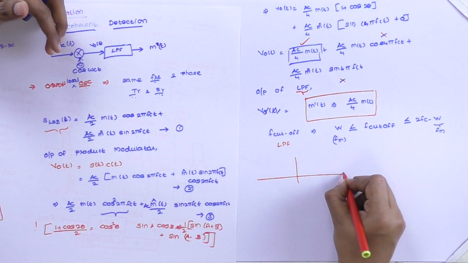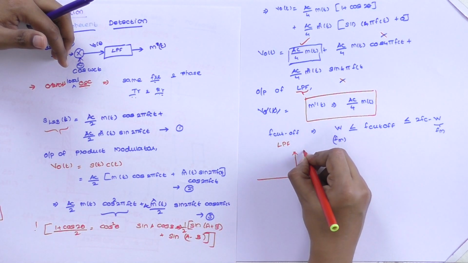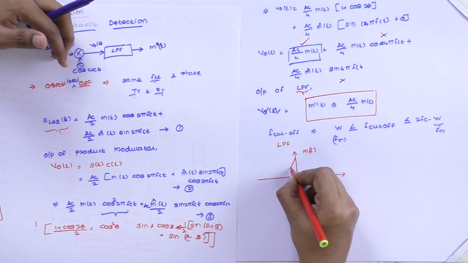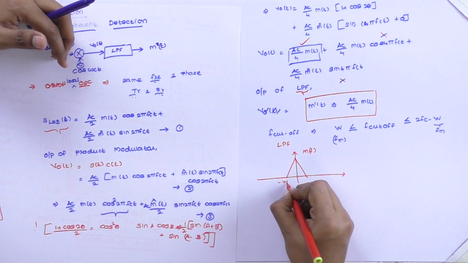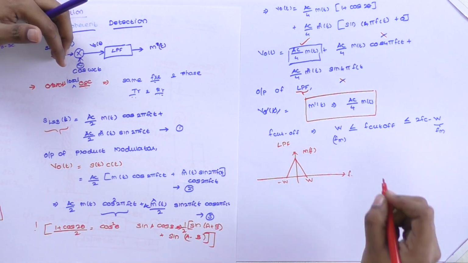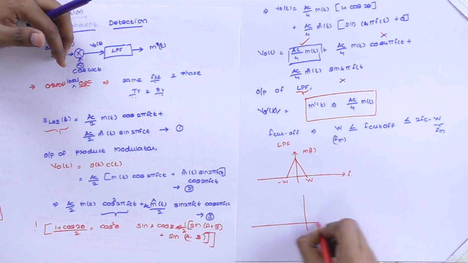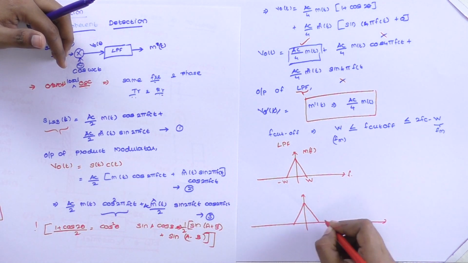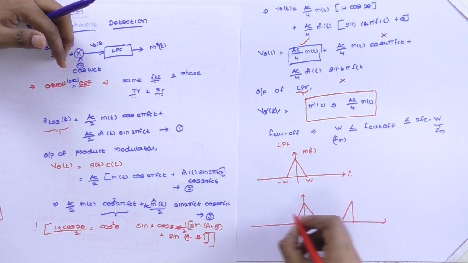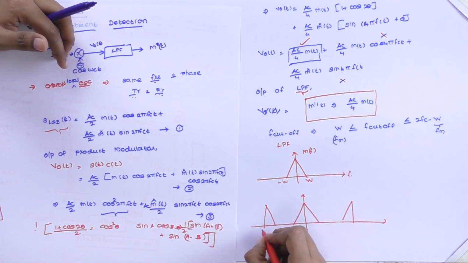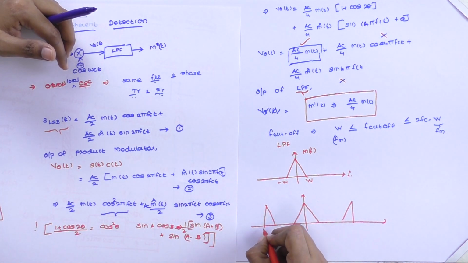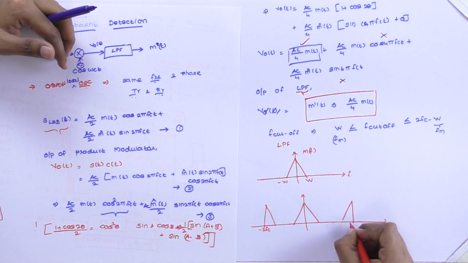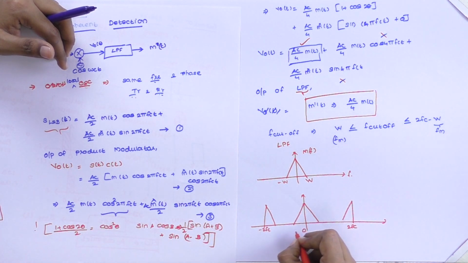That is, if we have a message signal M of f, which spans minus W to plus W, the resultant spectrum is this, with minus 2fc and 2fc, 0, minus fc, plus fc.